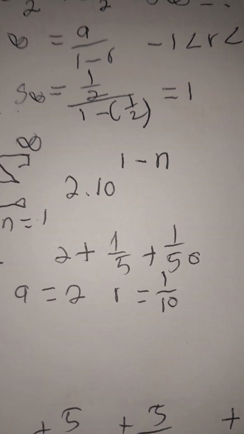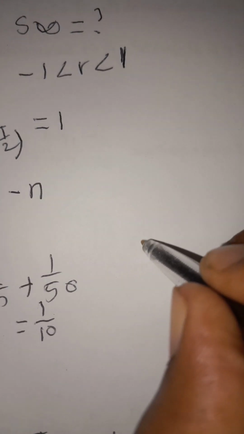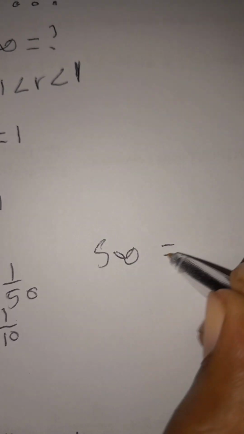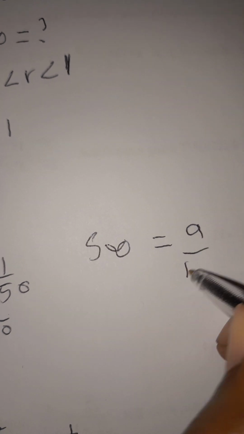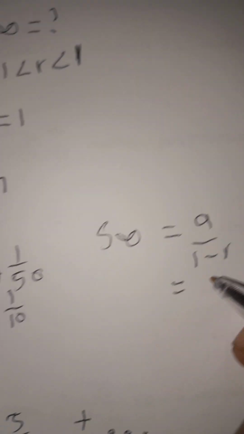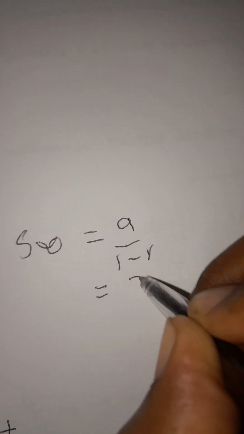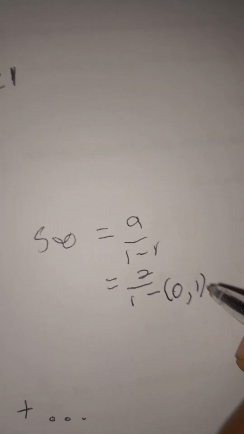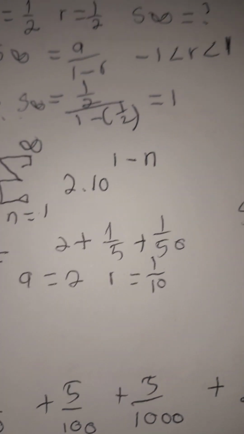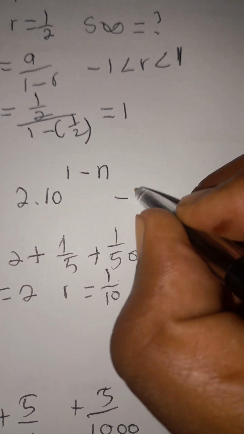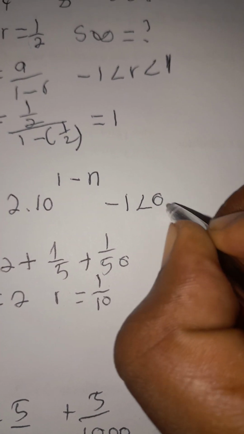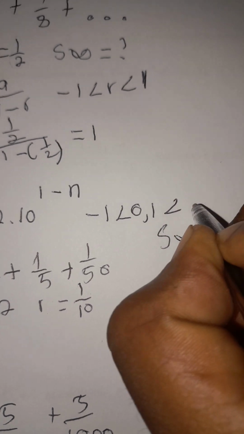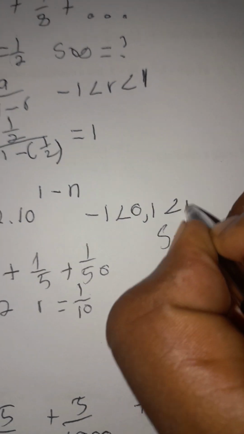We need to calculate the sum to infinity in this case. So the sum to infinity equals a over 1 minus r, where a is 2 and r is 0.1. Remember, this is a convergent series: -1 is less than 0.1, and 0.1 is less than 1.